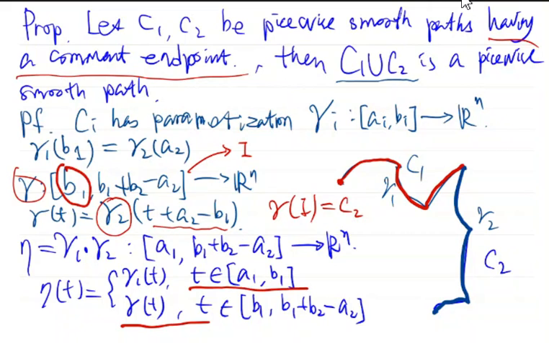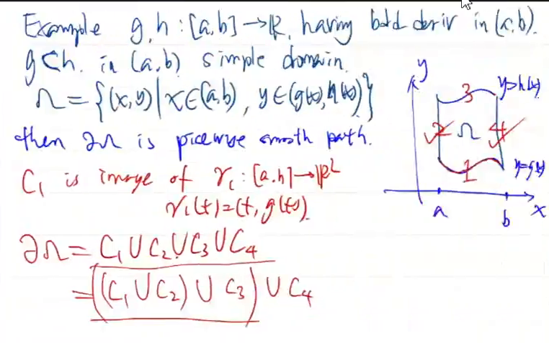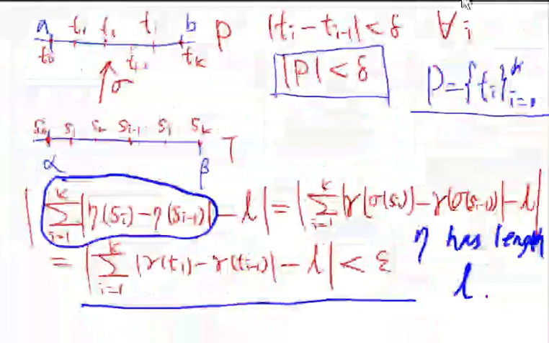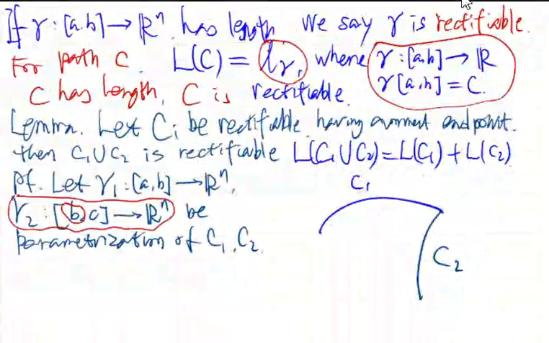So this new gamma is also a parametrization of C2. So we can use this trick to assume that our gamma 2 is defined in the interval BC.